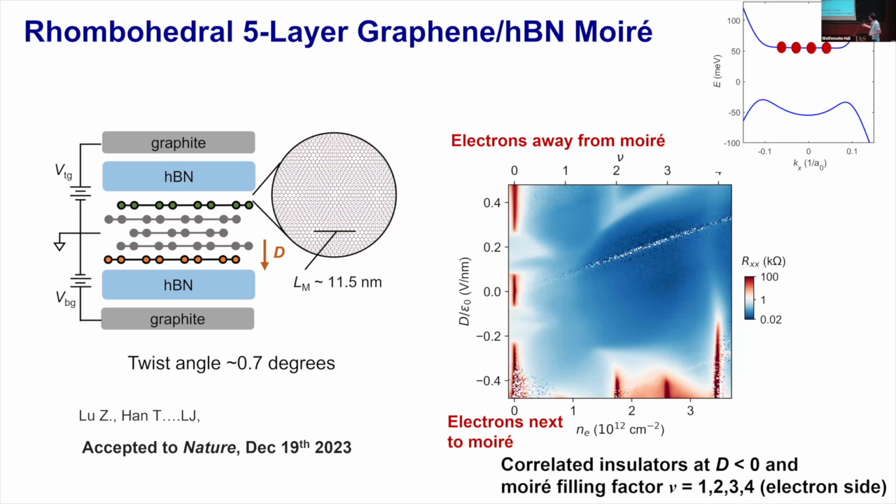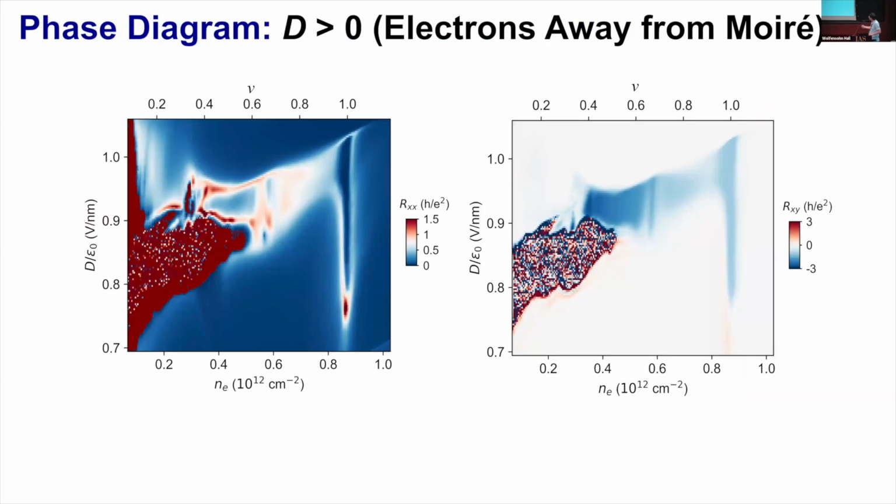Well, it turns out you have to go to much higher displacement field than I was showing you. You kick it to something like 1 volt per nanometer in terms of the displacement field, and suddenly there's a striped region in a tilted fashion that has something going on in both the longitudinal resistance and the transverse resistance maps.